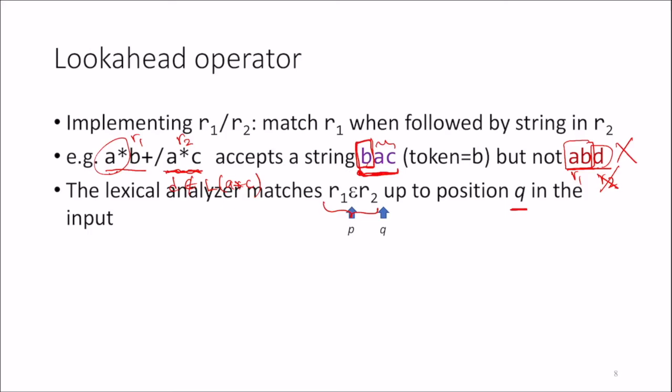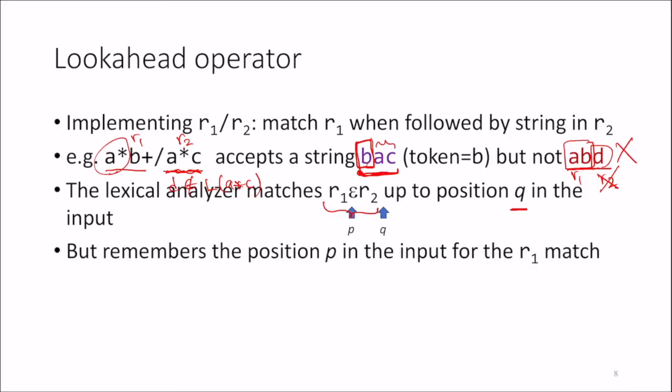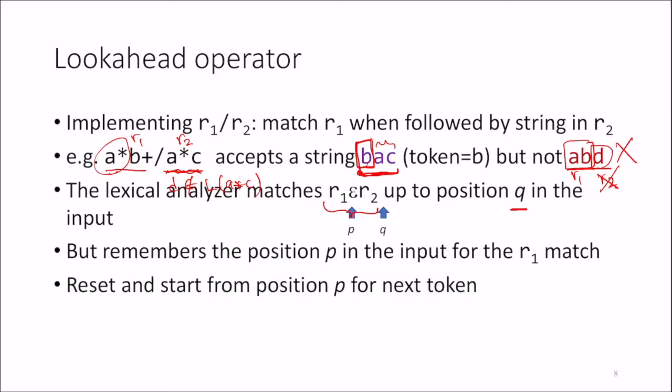It matches all the way up to position Q, which is after the R2, but it remembers position P, which was just for the R1 match. Then it gives you a token definition for R1, and then it resets and starts. The next start position will be P and not Q. So the next token definition will start reading the string after position P.